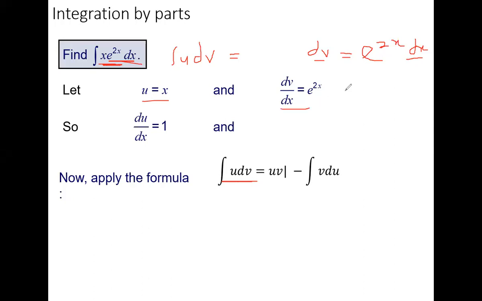Okay, good. Now, what's next? If u is x, then du/dx is 1. Okay, good. Which also means that du is equal to dx.